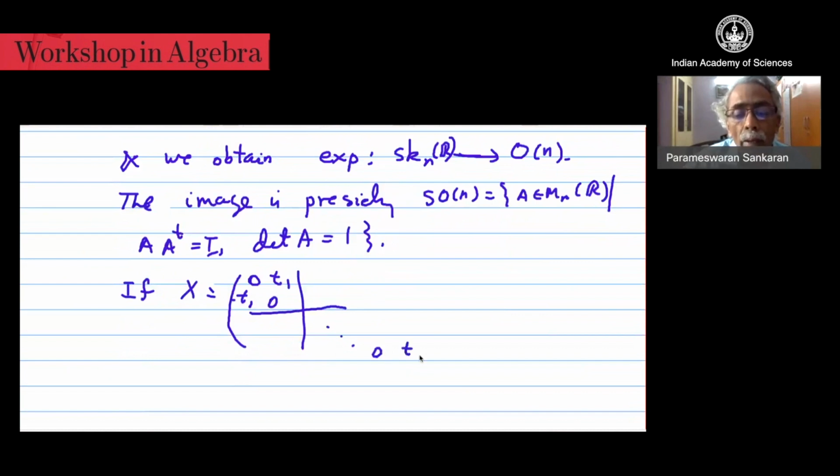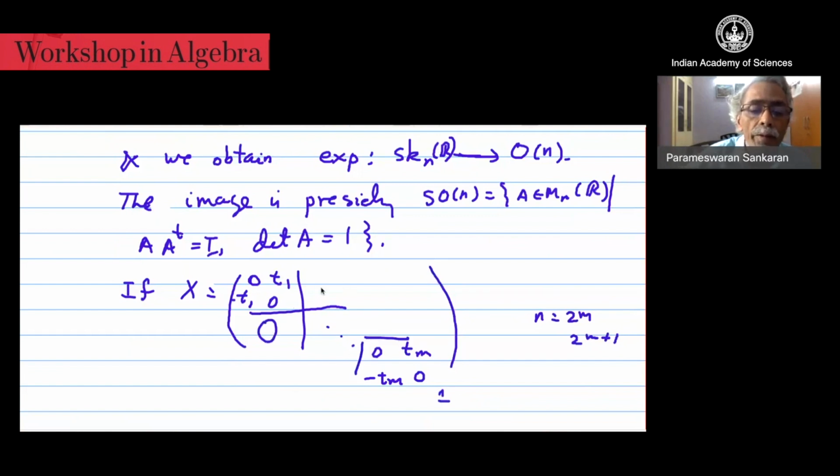I think this is becoming too detailed. Depending on whether n is equal to 2m or 2m plus 1, you can put a 1 here. Other unspecified entries are all 0.